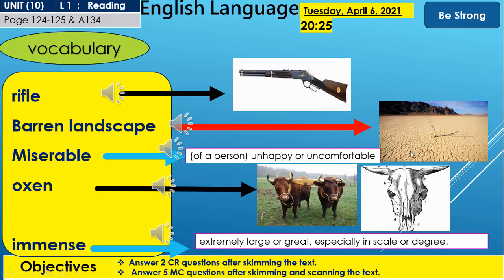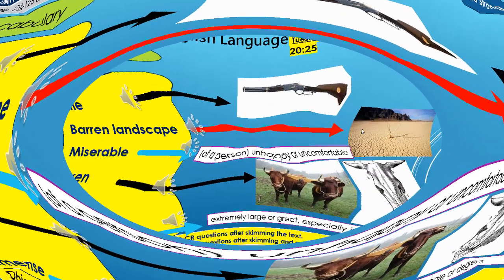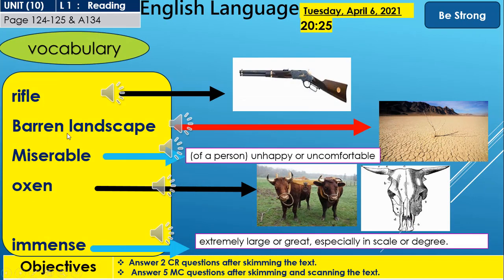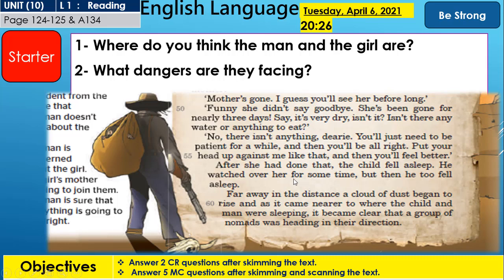So a miserable person is an unhappy, a sad, a poor person, and immense means very large, huge, and the other words have their visual representations.